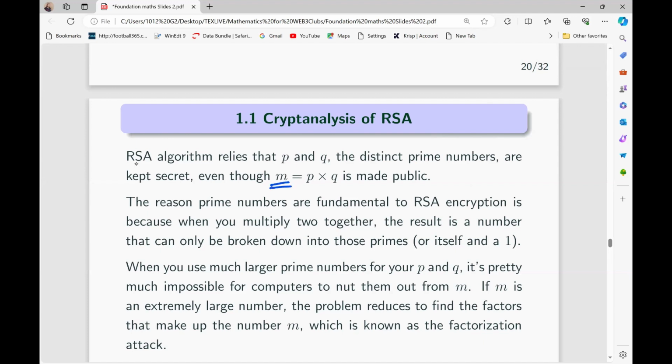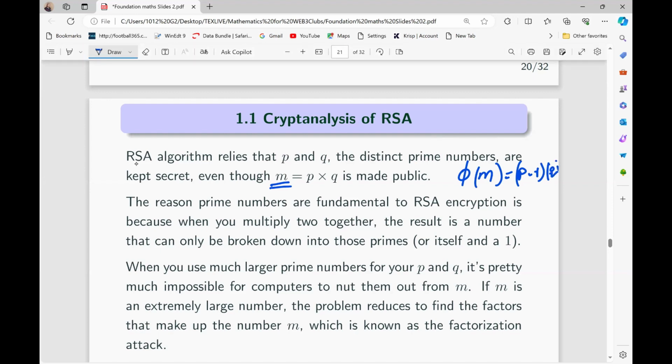And that is why phi of M should be kept secret. Because if somebody has phi of M, you know phi of M is just (P minus 1) multiplied by (Q minus 1). So if somebody knows this, then this person will just solve a quadratic equation.